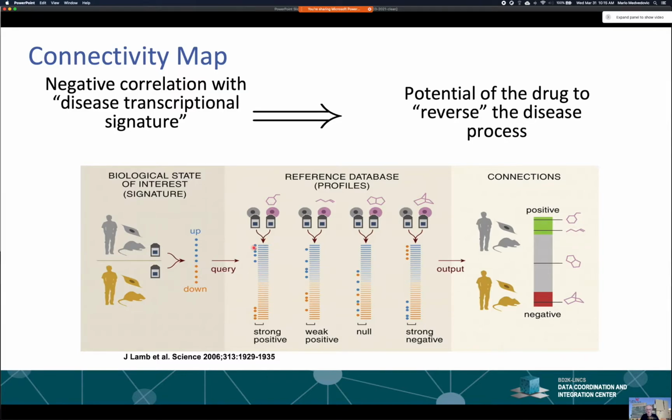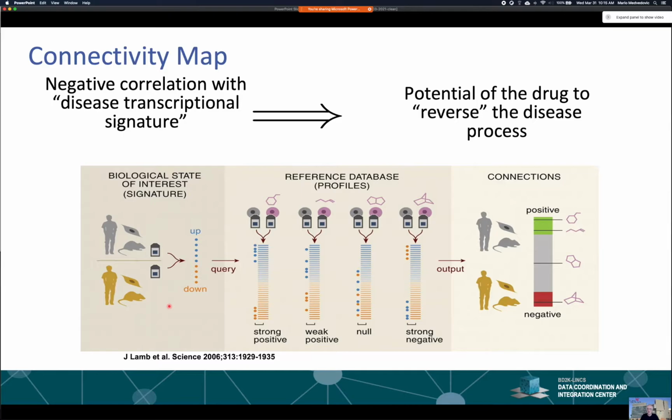Here we would have the same genes, and what happens to them in the signature of a drug, and we would be looking for situations like this in which genes that are downregulated by the disease are upregulated by the drug, and vice versa, and that would then give us potentially a therapeutic agent that could address the disease.